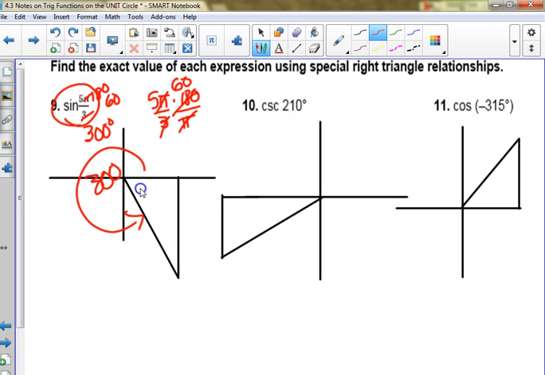What's the reference then? 60. So if you want to label this, you get x, x square root of 3, and 2x. Does that sound familiar from your 30, 60, 90? All right, and what's the sine? I don't even have numbers on here, and I can still do this, okay? Because the sine is opposite over hypotenuse.